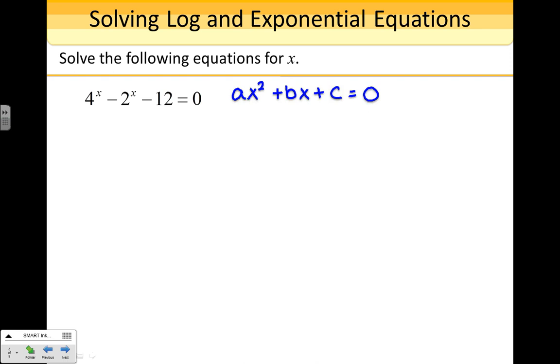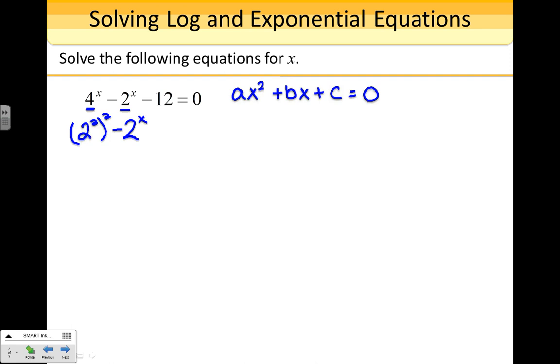All right, so let's think about what we've done in the past with this. We've tried to get it so that the bases are the same. So I know for sure that I can write 4 and 2 with the same base. So I'm going to rewrite 4 as 2 squared, and 2 already has that base.